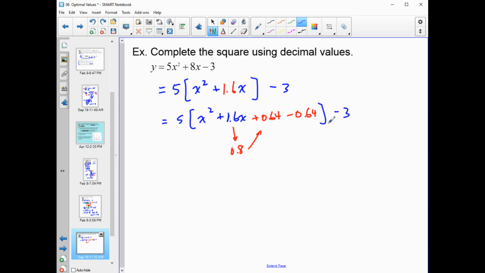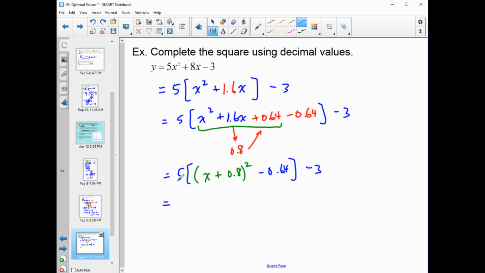Minus 3 on the outside equals 5 bracket. The reason we completed the square was to make these first 3 terms a perfect square. So that's going to be x plus 0.8 all squared minus 0.64, and then outside minus 3.